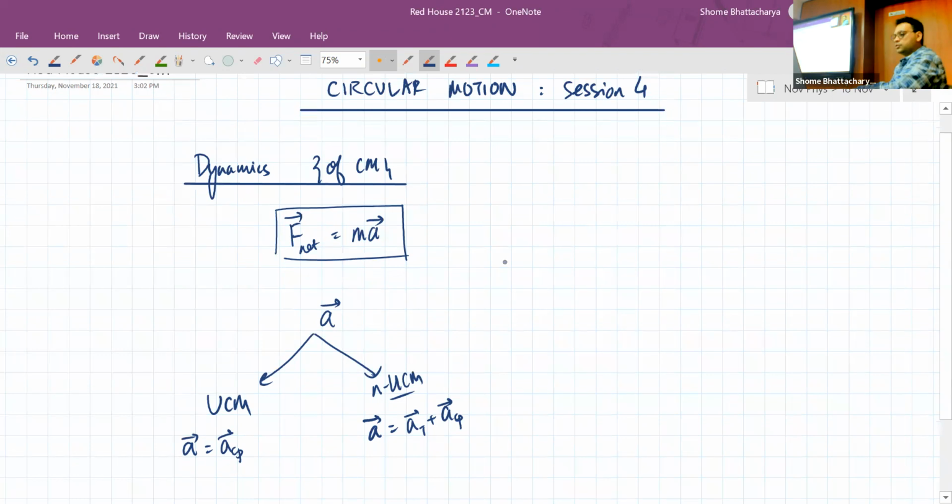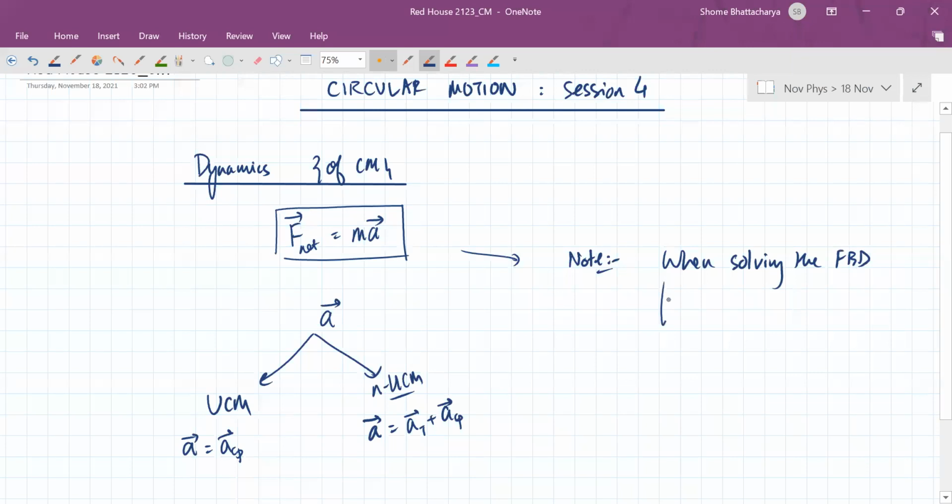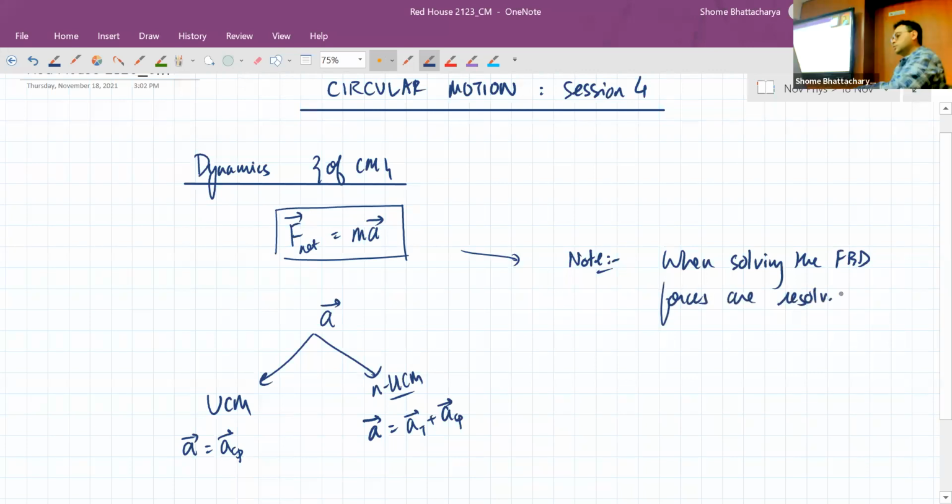So accordingly, when solving the free body diagram, forces are resolved into centripetal, that is along minus r cap.